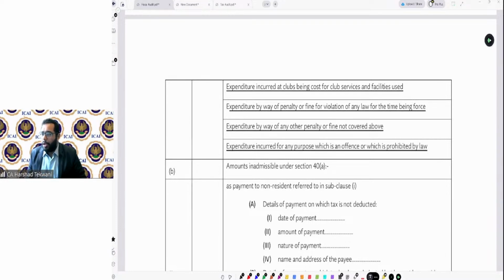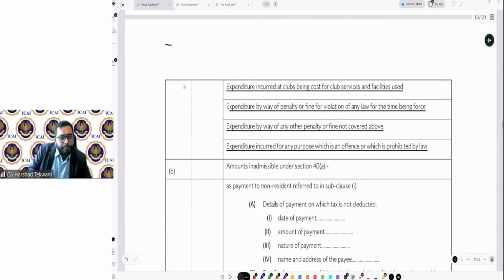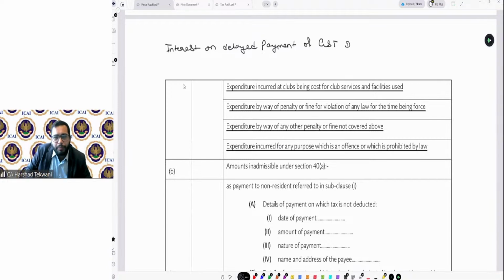Let's say, for example, there is an amount to be paid by the assessee in respect of interest on delayed payment of GST dues.